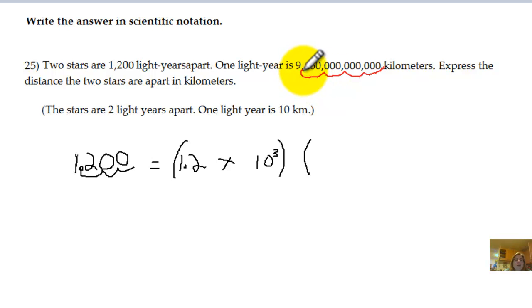So the decimal is going to be here, and I moved it 12 spaces. So that makes that number 9.46. You leave all the numbers, you don't put any of the zeros, but make sure you have the right number of spaces that you move the decimal: 1, 2, 3, 4, 5, 6, 7, 8, 9, 10, 11, 12.